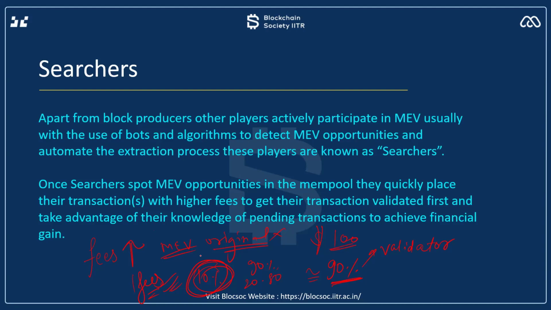Every time, the validator will be getting 100% of its profit because it doesn't mind. The MEV bot just tries to gain the financial benefit that it can gain from that transaction.